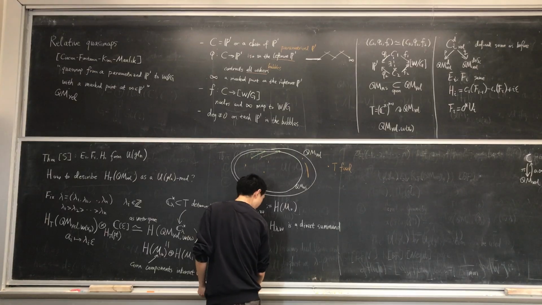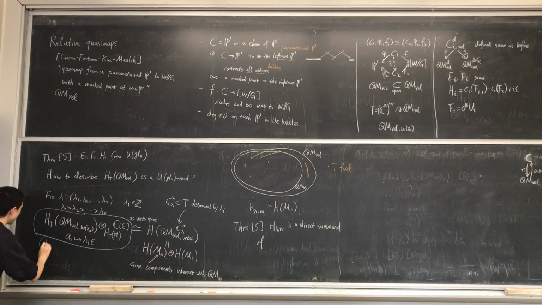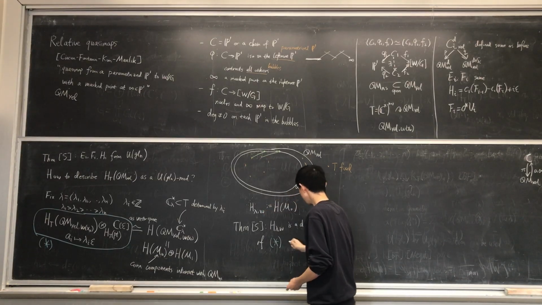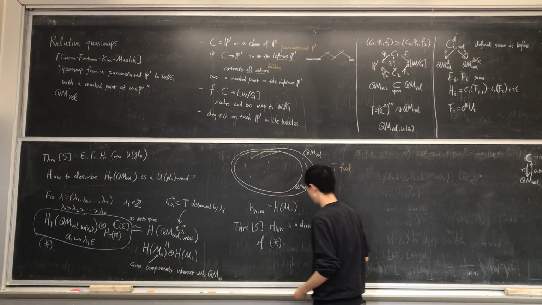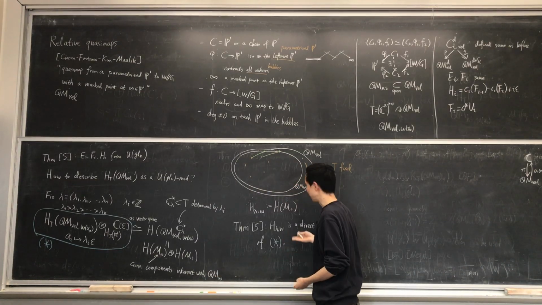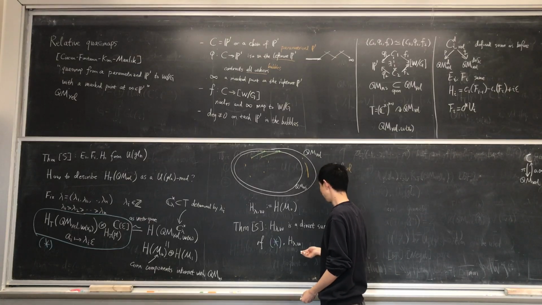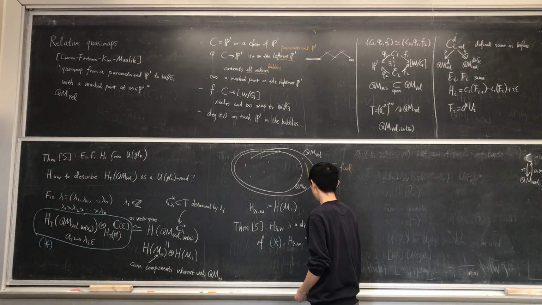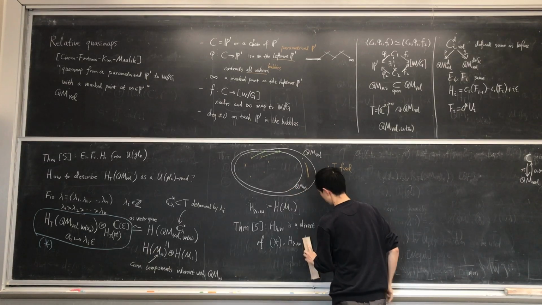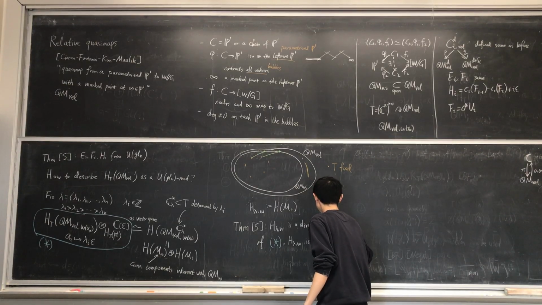And using the stratification that I mentioned earlier, you can prove that this H lambda W is a tilting module, but not in the usual sense.